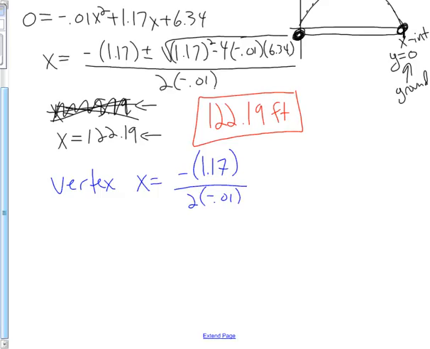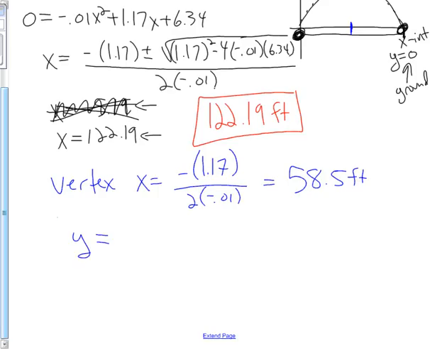Once we have this x, we'll be able to plug it in and get the y value. So the x, let me get this real quick, would be 58.5 feet. And so again, that is like here. That's how far out it went. And now to find how high up it went, we would plug that back in.